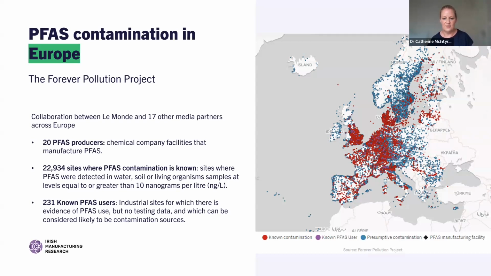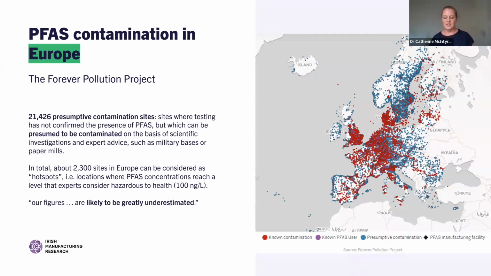And then they've gone in blue for presumptive contamination. This is based on estimations where there's no testing or they couldn't confirm PFAS presence, a presumption of contamination based on a scientific best guess, shall we say. The authors of this project themselves say their figures are likely to be greatly underestimated.